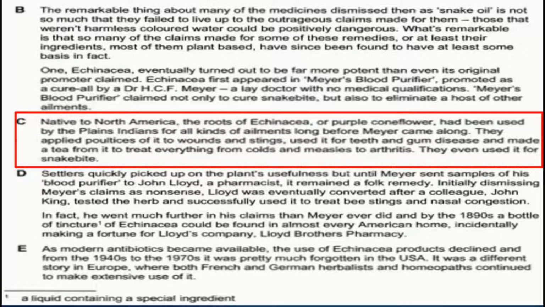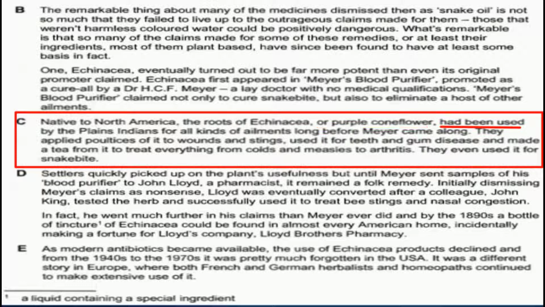If you read it very well, we said we don't just read the first sentence or the last one to get a clue, but we'll check the overriding theme or the subject matter. What sounds like the topic sentence? That's what we said in our previous lessons. Even the first sentence, when it talks about the roots of echinacea or the purple cornflower, says had been used.